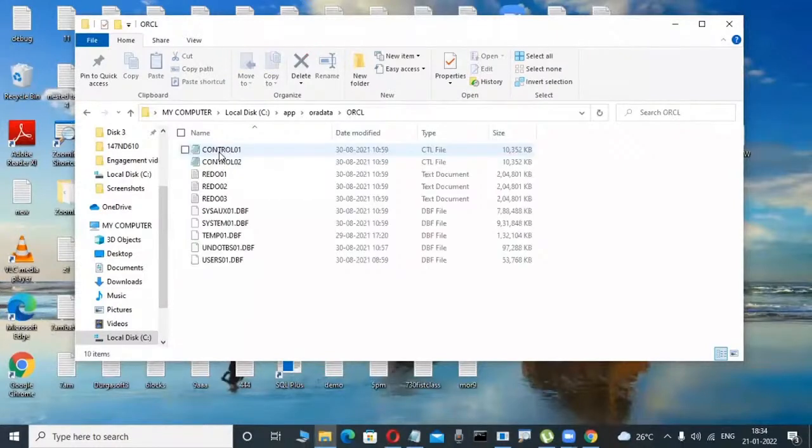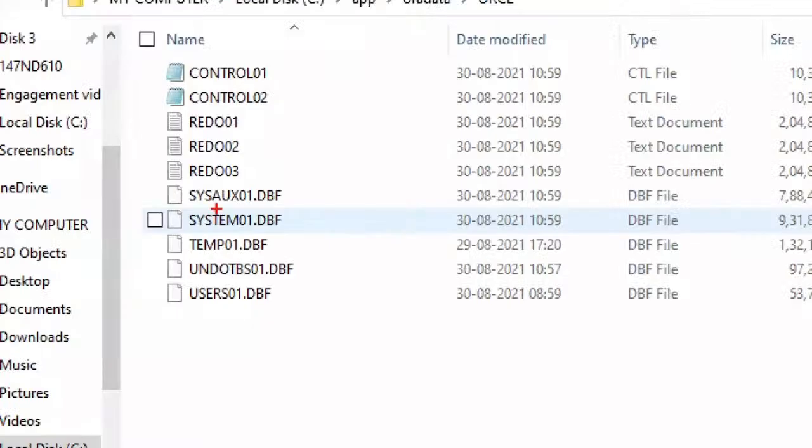I'm only observing. Now in the C drive, I installed my Oracle software. In this Oracle software, is the Z table visible or not visible?